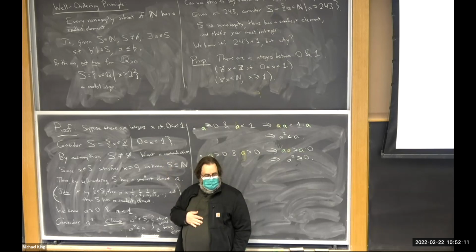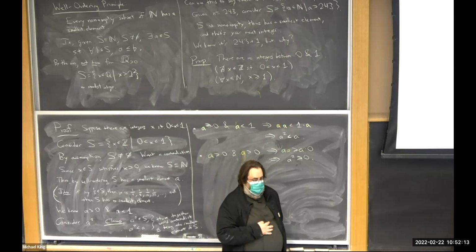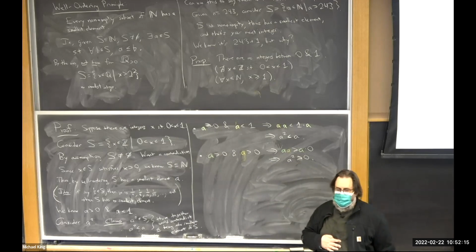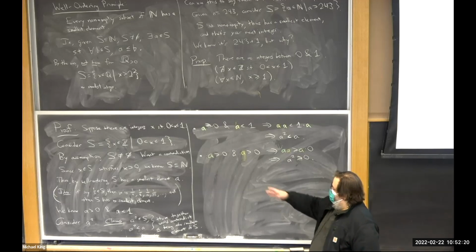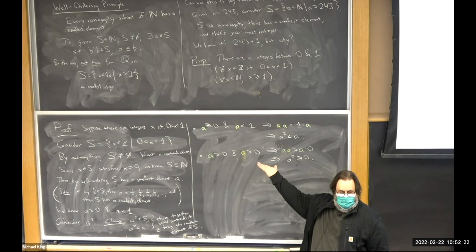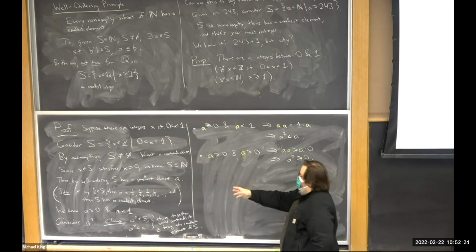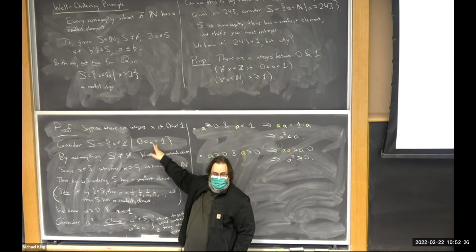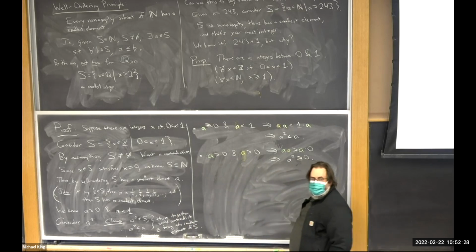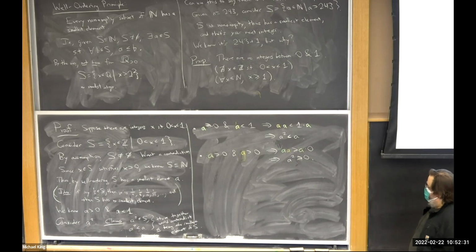What are the conditions for living in S? If I want to say A squared lives in S, I have to show that inequality, right? So I need to show A squared is less than 1. Why is A squared less than 1? Anybody see it from stuff written on the board?